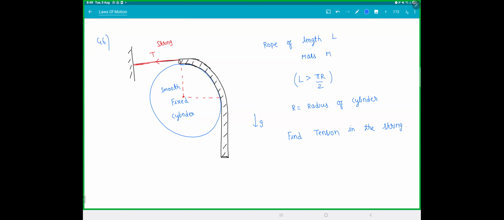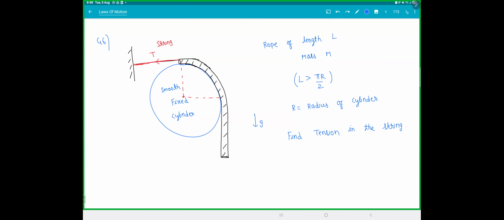So we got a fixed cylinder, gravity is there. Someone took a rope of length L. It is making a quarter circle here, and the remaining rope is hanging like this. It is a smooth cylinder. So if you leave it like this, the rope will not remain there. Rope will actually start sliding down. In order to keep it at rest, you tied a string here.